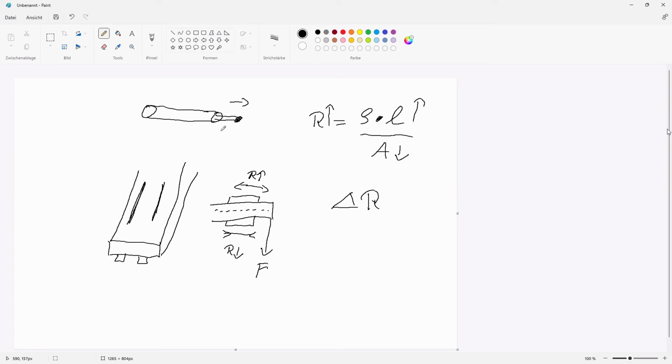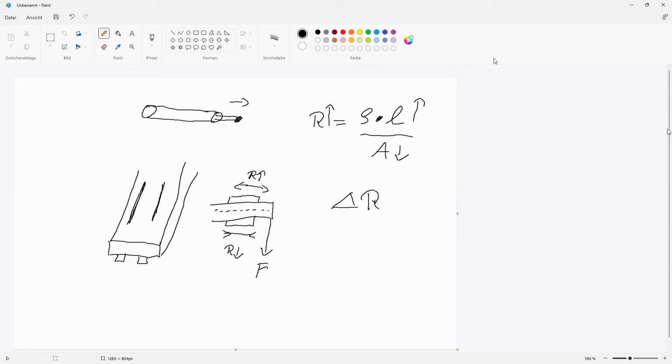And that is an example where you can use a systematic influence, the length, the delta of the length, a systematic influence to the propagation of the influence to the result. And for this, you can also use this law.